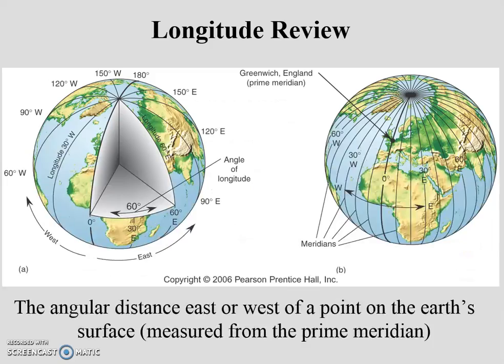Now longitude. Last week we watched a movie about longitude, and you guys had some great responses about why longitude took so long for geographers to be able to come up with a clock small enough that could accurately record time.